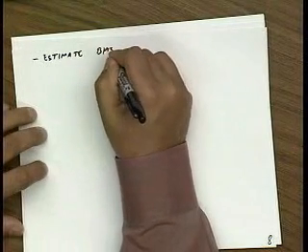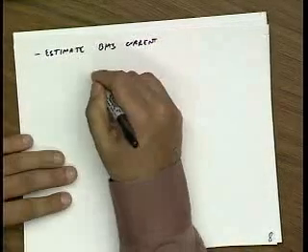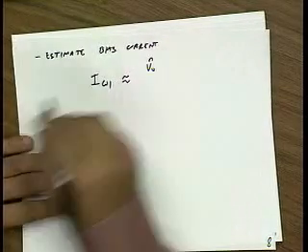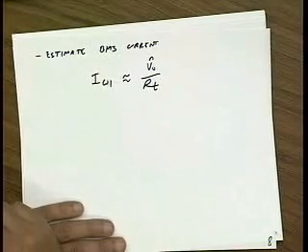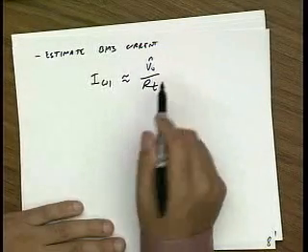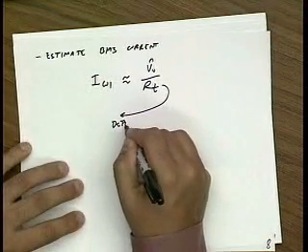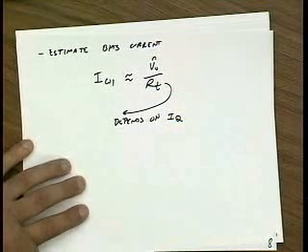So the next thing we do is we estimate the bias current. The reason you have to estimate this is there's a little bit of iteration. We know that the first harmonic current is roughly the desired amplitude over RT. But unfortunately, we don't really know RT because RT depends on IQ, right?